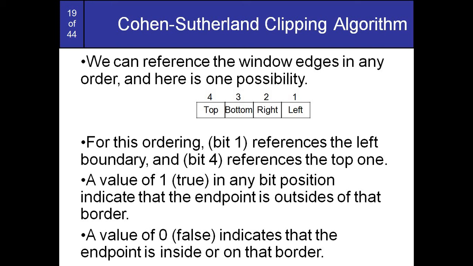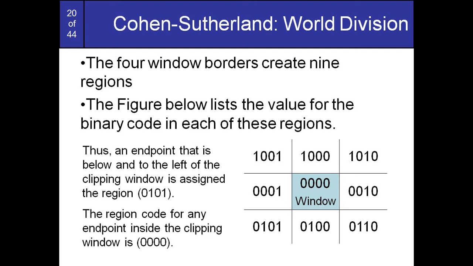So if the values come out to be 0, it indicates that the endpoint is either inside the window or on the border. If the values are non-zero, then it indicates that the endpoint is outside of that border. So here are the regions that we were discussing.